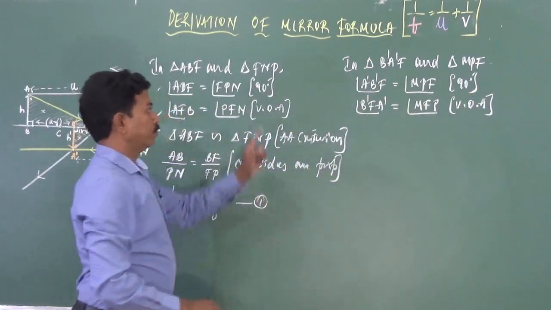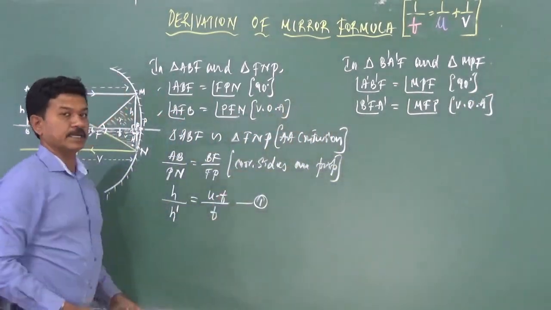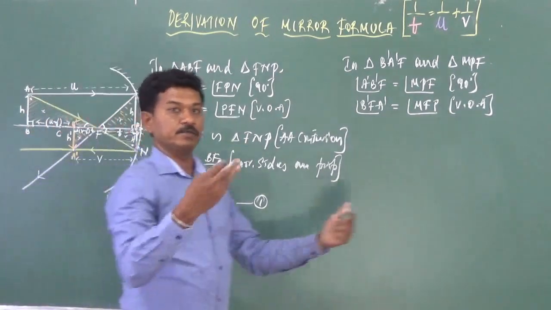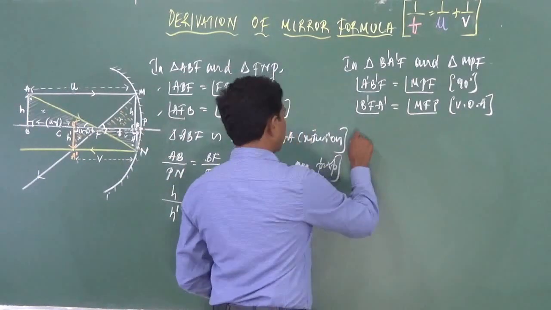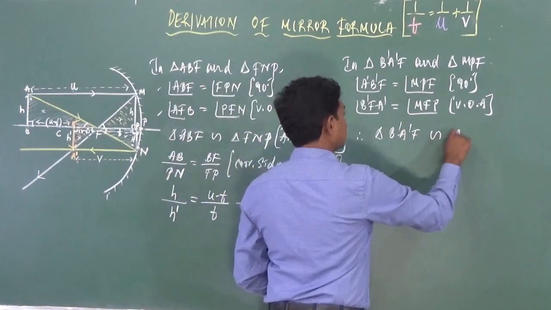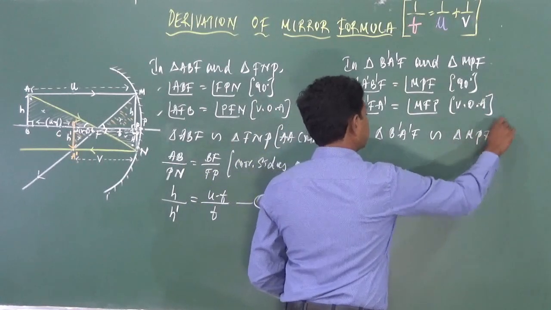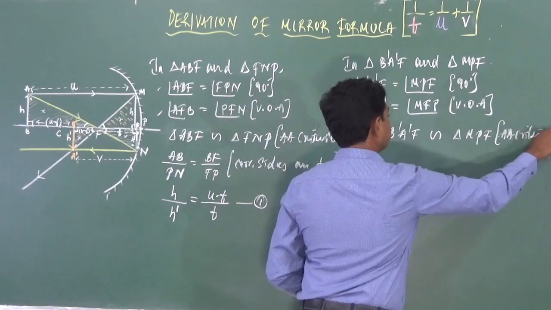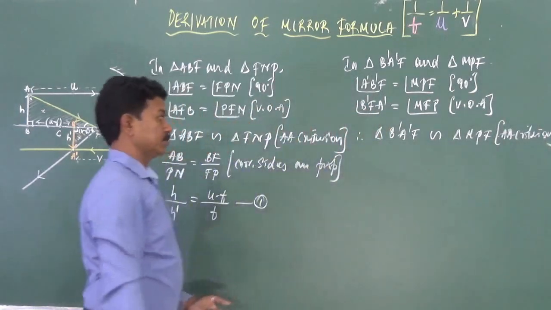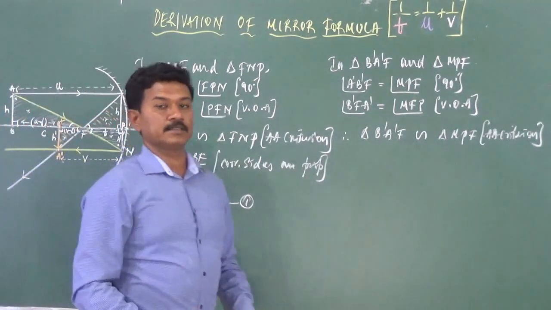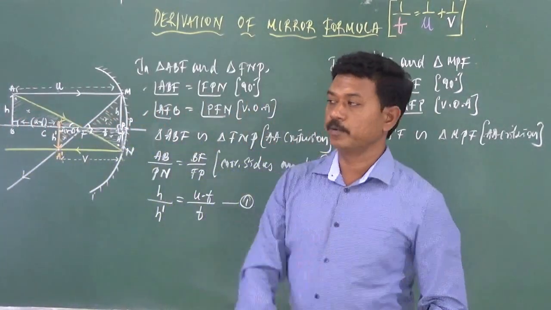So in both the triangles, two pairs of corresponding angles are equal. Hence they are equiangular, and hence they are similar. Therefore triangle B dash A dash F is similar to triangle MPF, according to the AA criterion. If two triangles are similar, then their corresponding sides are proportional.